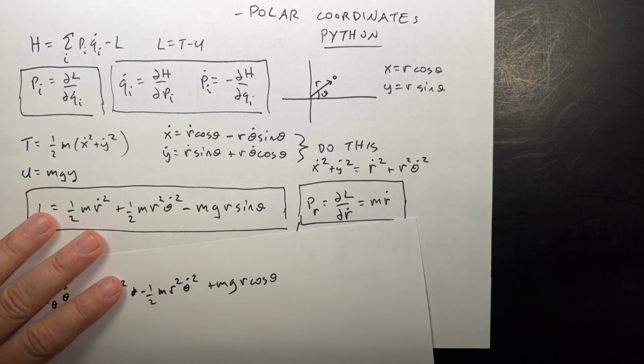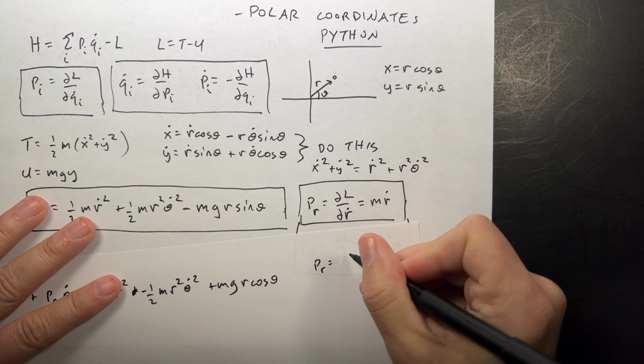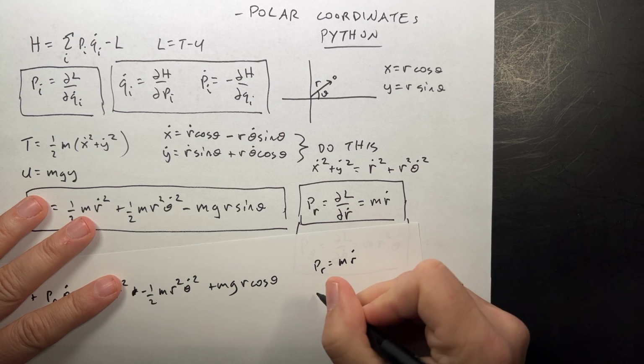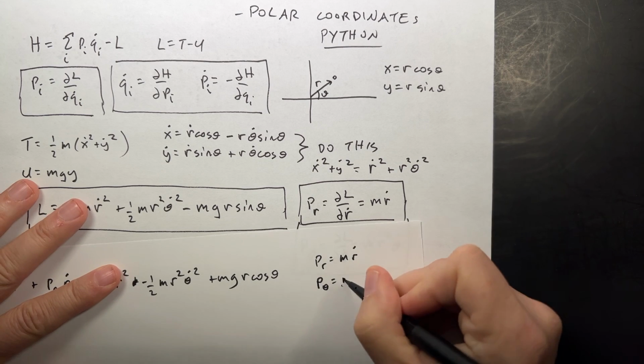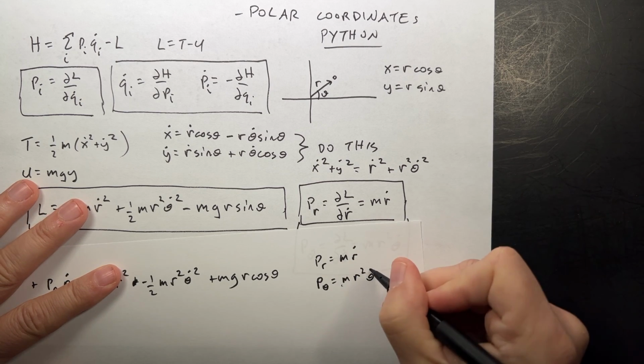And then you put over here p r is m r dot, p theta is m r squared theta dot.